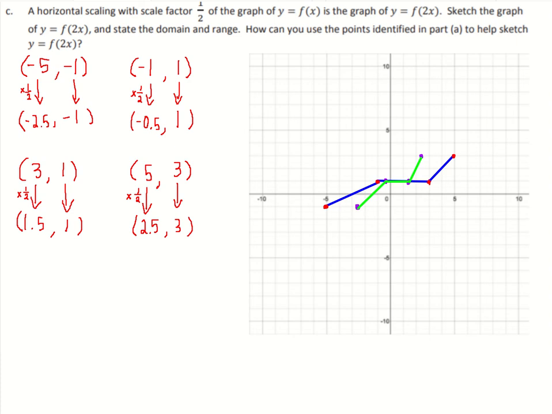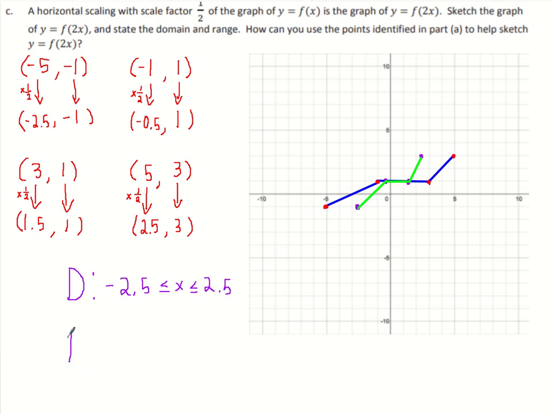And then once again, we can talk about our domain and our range. Unlike last time, where our range changed and our domain stayed the same, this time it's our domain that changes. Instead of negative 5 being less than or equal to x, which is less than or equal to 5, now we have half the size: negative 2.5 is less than or equal to x, which is less than or equal to positive 2.5.